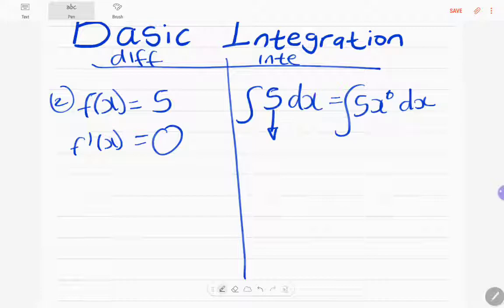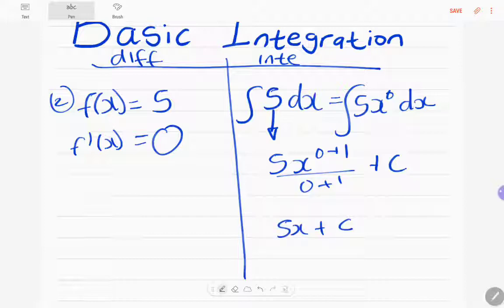That means we can now integrate because we now have an x. We'll have 5x to the 0 plus 1 all over 0 plus 1, plus c, which will be 5x plus c. In other words, the integral of a constant will be that constant with an x plus c.